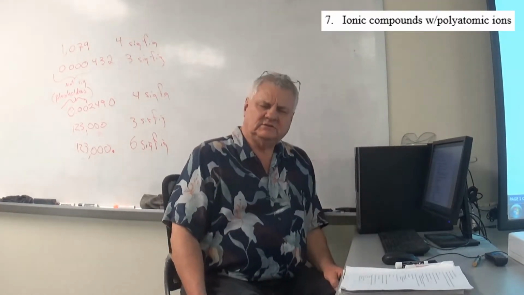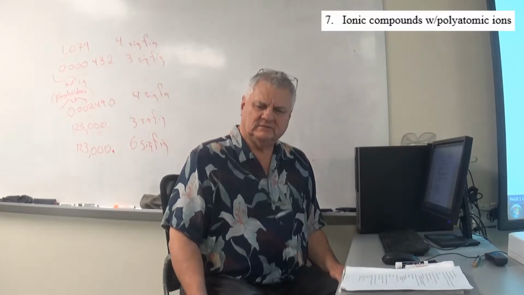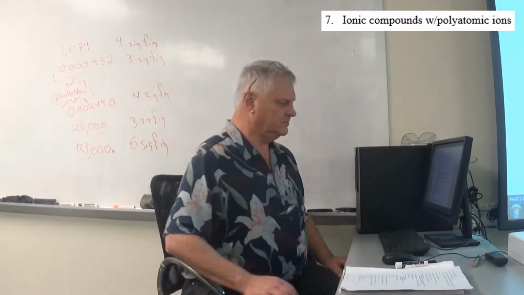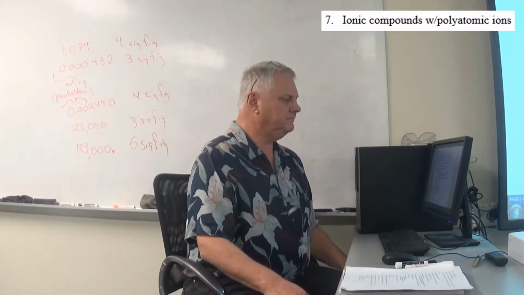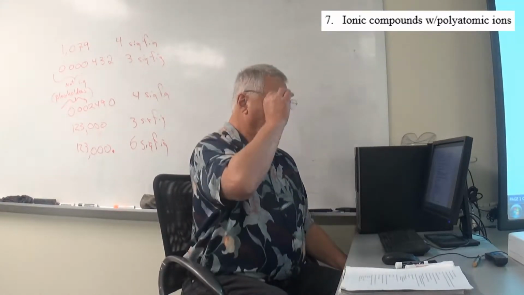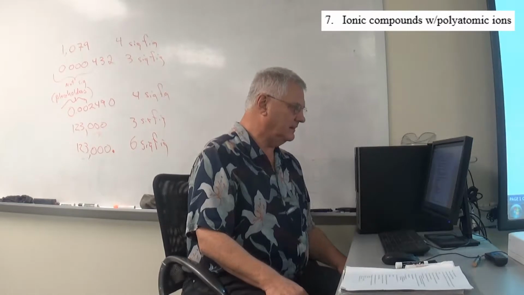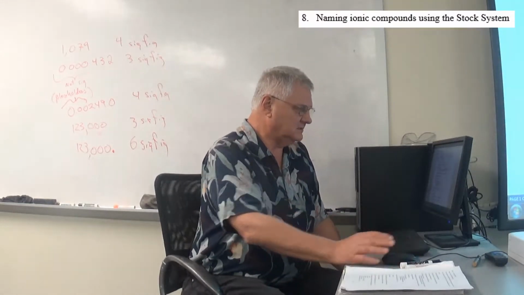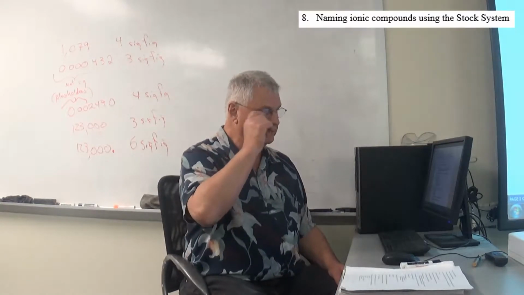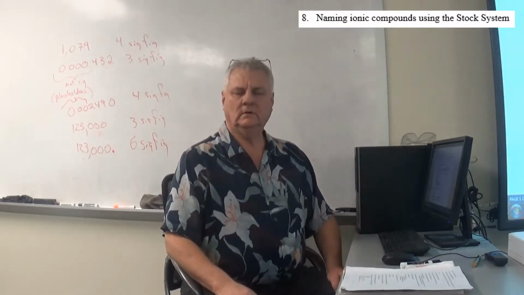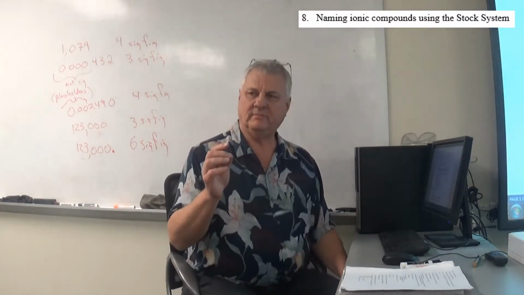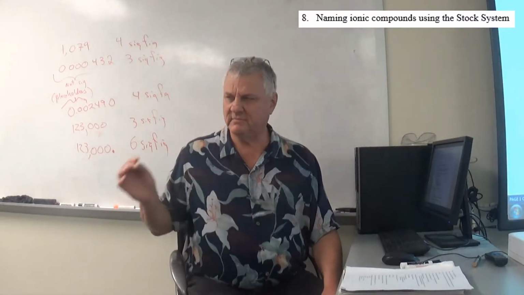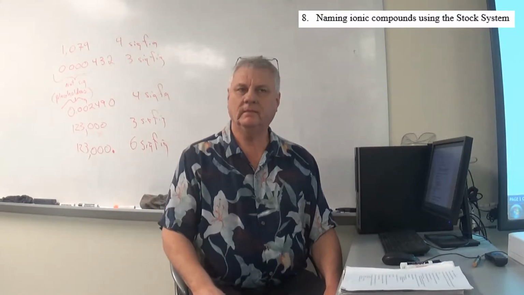You can't predict the charge for the transition metals easily, and so you use the formula of the compound to try to determine what it is. Some of the transition metals form more than one cation. And that's what we mean when we say the Stock system. When you name an ionic compound using the Stock system, in the middle of the name is a Roman numeral that tells the chemist what the charge of the metal cation is.